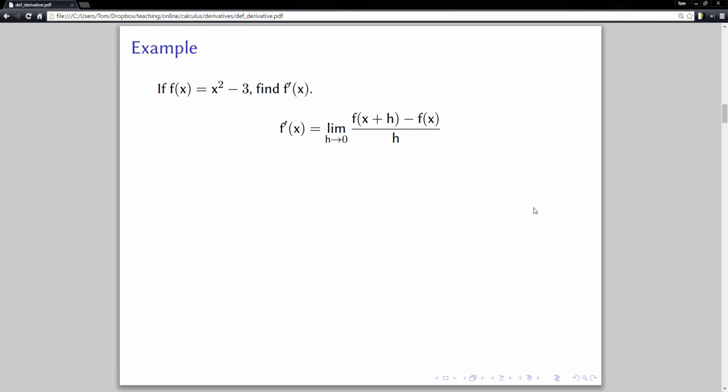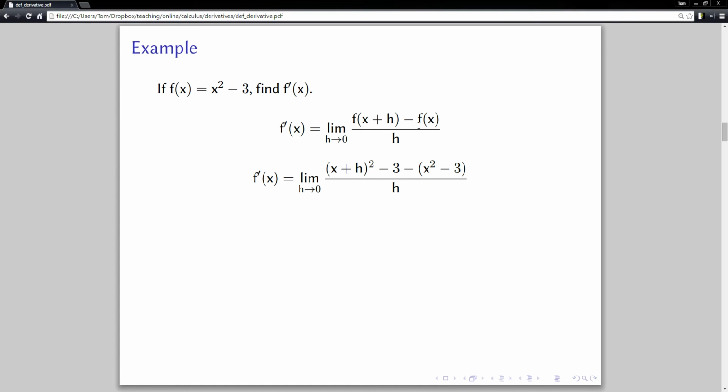Here we don't have a number to plug in, so we're just going to go right to it. f of x plus h, that's what I would get if I went to f over here and plugged in x plus h everywhere where I saw an x. So the function is x squared minus 3, so I'm going to plug in x plus h right in here for x. And so this is what I would get: x plus h squared minus 3.